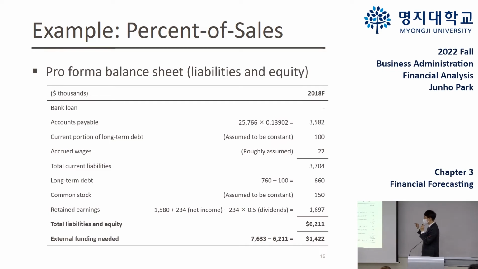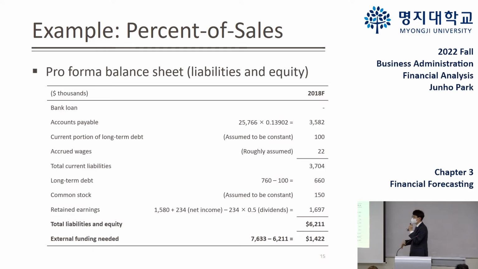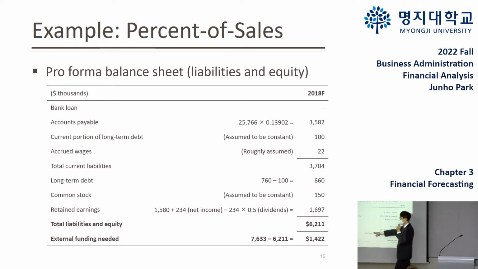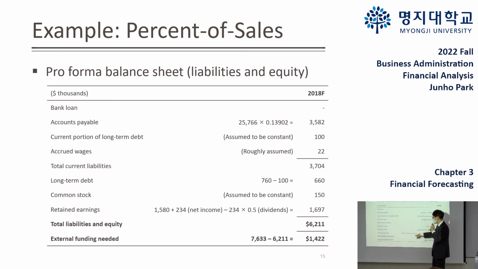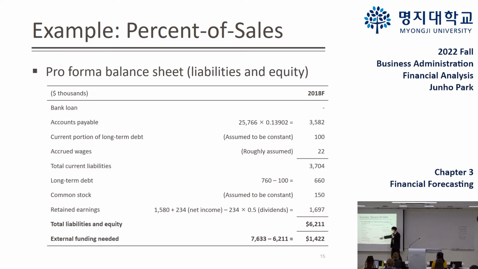Of course, you can obtain some funds internally, and that is represented here, retained earnings. So you gained net income, and even if you pay your shareholders, you are left with $167.